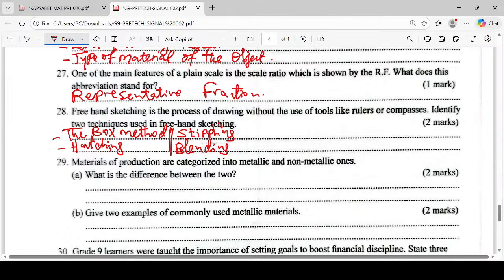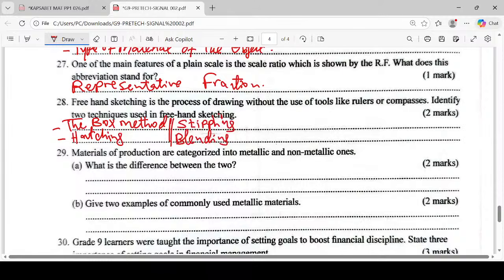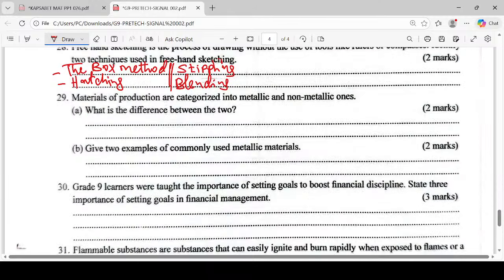Question 29. Materials of production are categorized into metallic and non-metallic ones. What's the difference between the two?